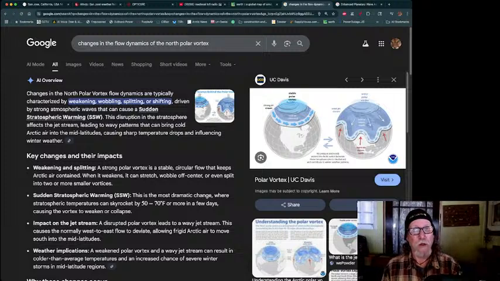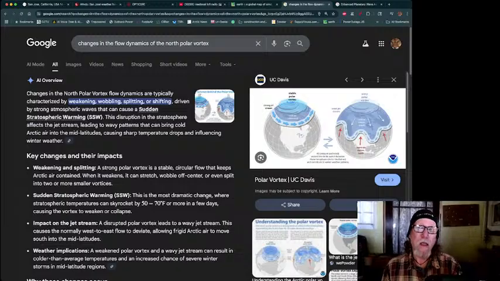There's a lot of cold air in the north in the winter, and so long as the jet stream was strong, it could be a ring fence and keep that cold air in the north. But now the jet stream is collapsing, and that's because the polar vortex is weakening. Now that the jet stream is collapsing, that cold air can spill out of the Arctic.